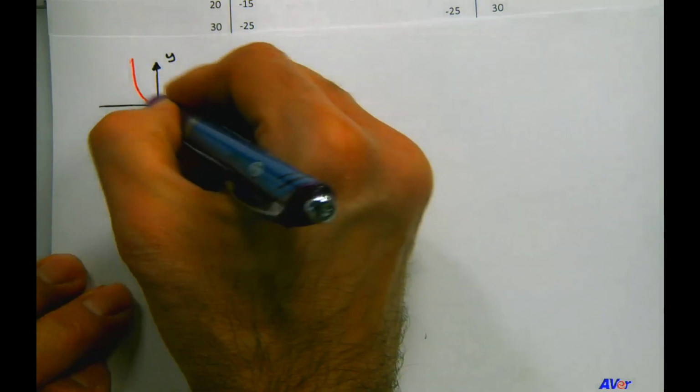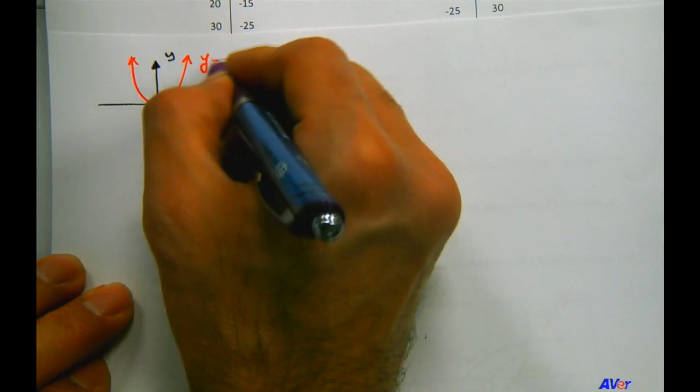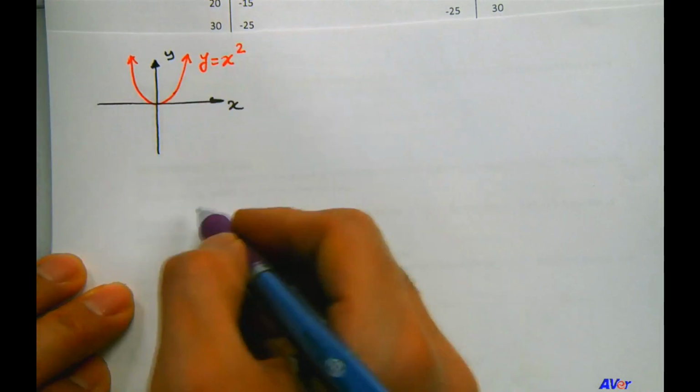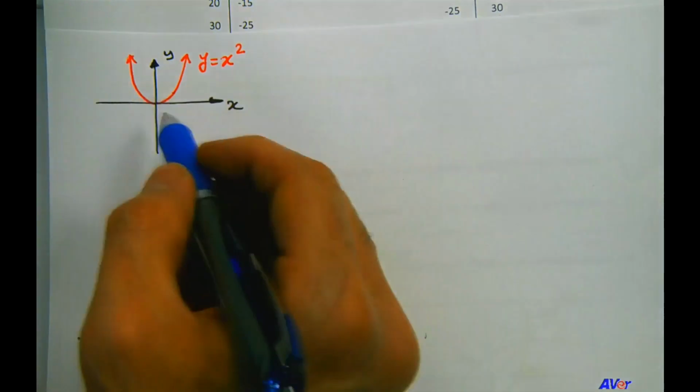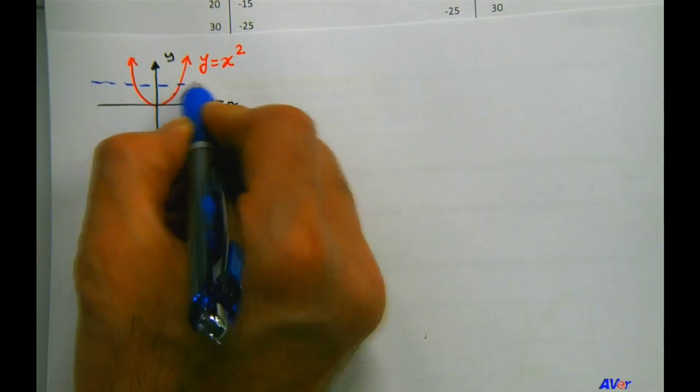We know that y equals x squared is a famous function, the quadratic function. It is a function, but it fails the horizontal line test. If I draw a horizontal line, it'll intersect the graph at 2 points.